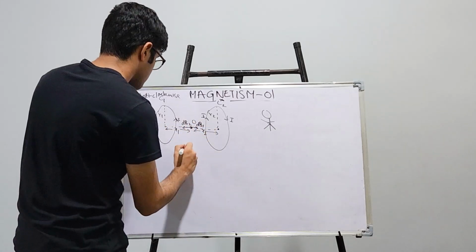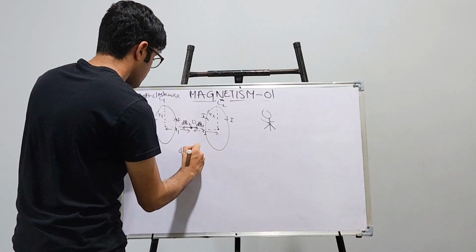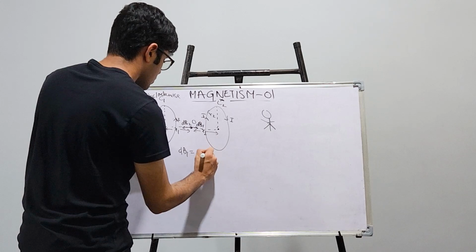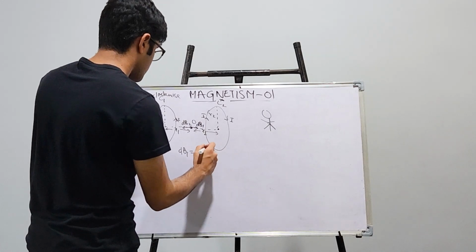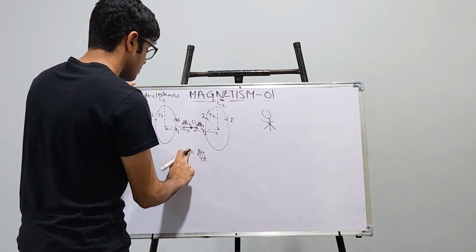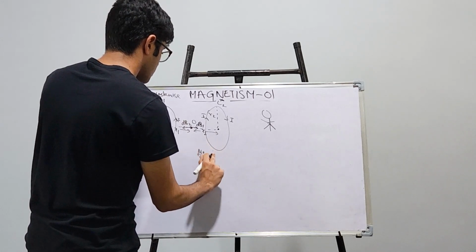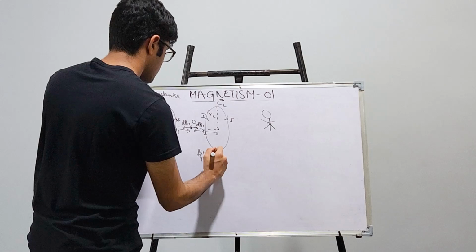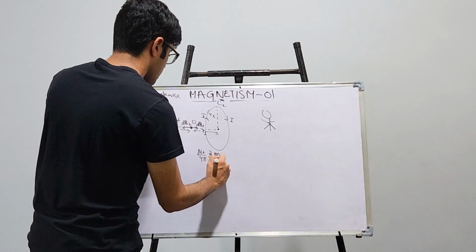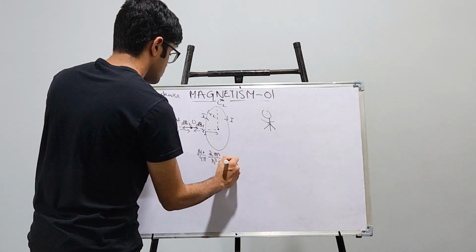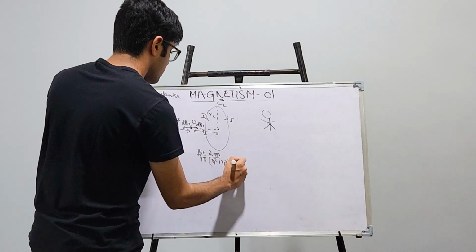So we know that dB1 is mu naught by 4 pi, 2 times m by (x1 square plus r1 square) whole to the power 3 by 2.